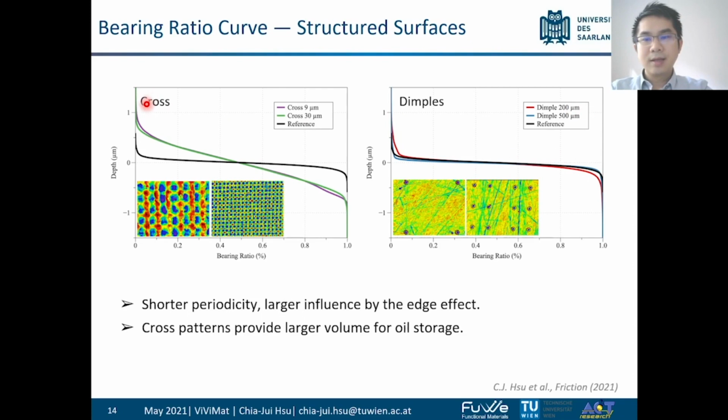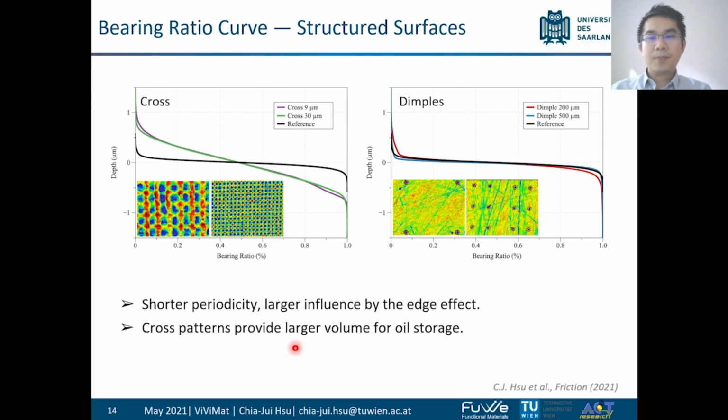On the other hand, because the cross patterns change the surface more, you can see that the mean profile also changed more dramatically, and the cross patterns provide larger volume for oil storage.